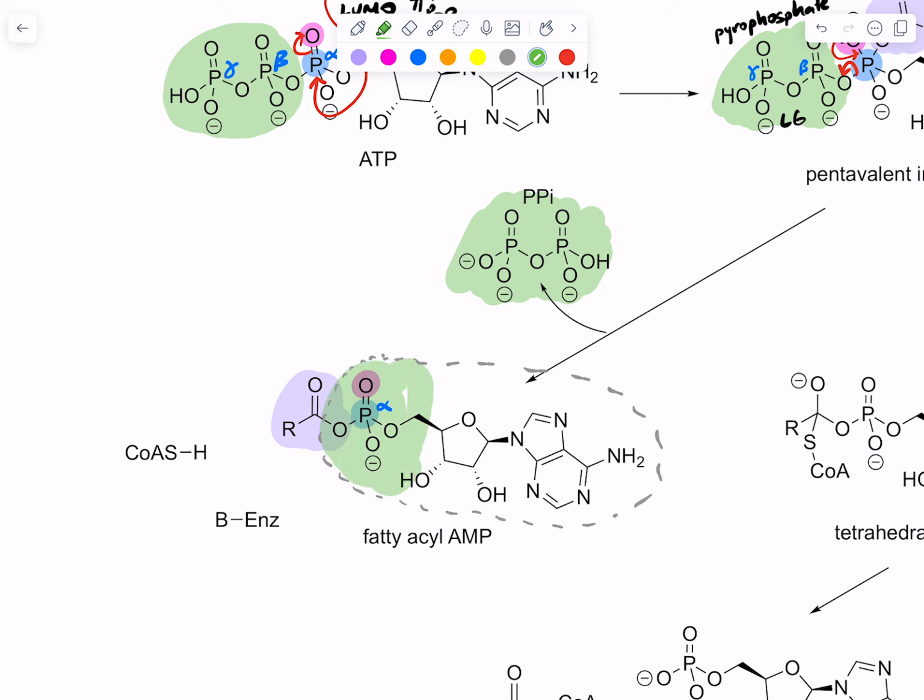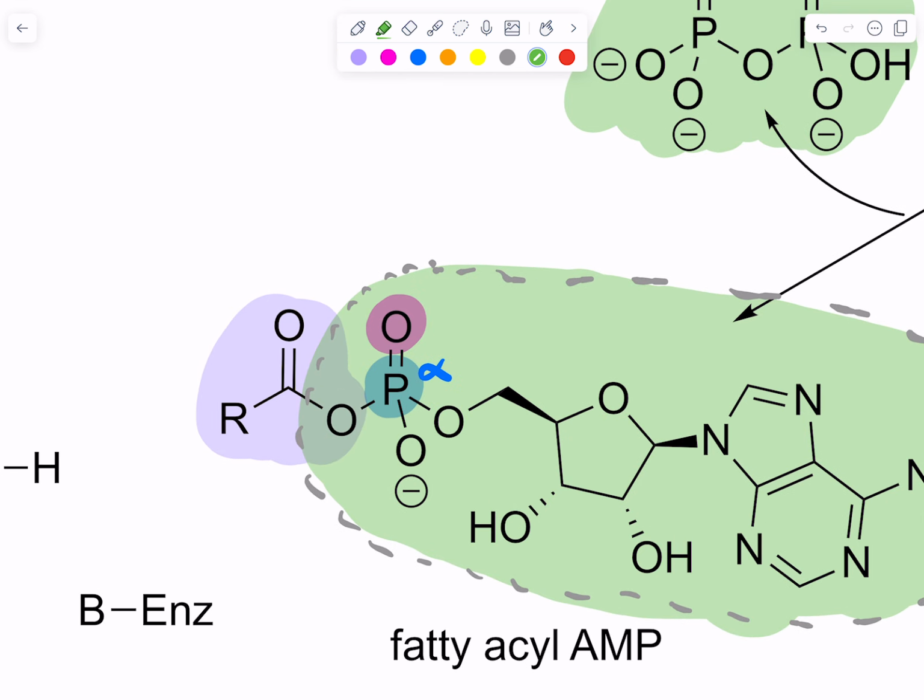This is the magic of the AMP of this reaction, is it takes a carboxylate, and now the oxygen of that carboxylate, which used to be negatively charged such that the carboxylate was not an electrophile, now the carbonyl carbon is electrophilic, because the AMP group overall is a great leaving group.